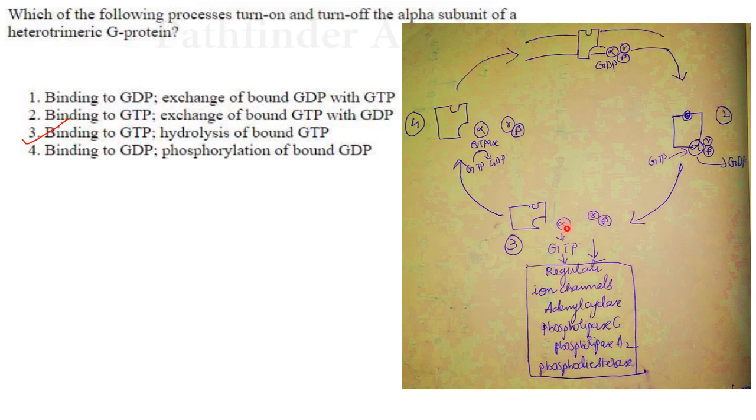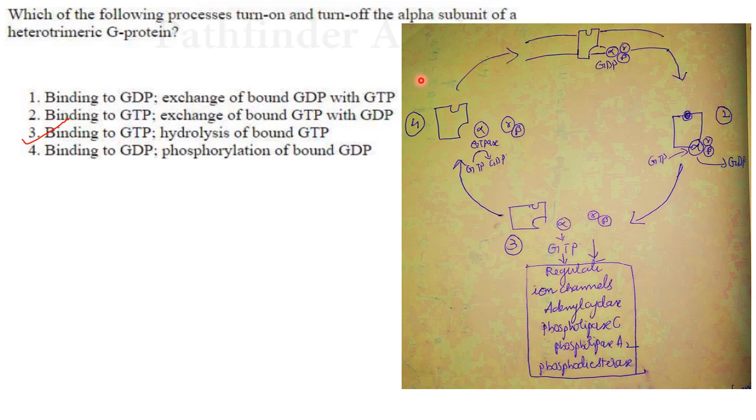Now this alpha subunit bound to GTP and the gamma and beta subunits both regulate certain effector proteins like ion channels, adenylyl cyclase, phospholipase C, phospholipase A2, phosphodiesterases.